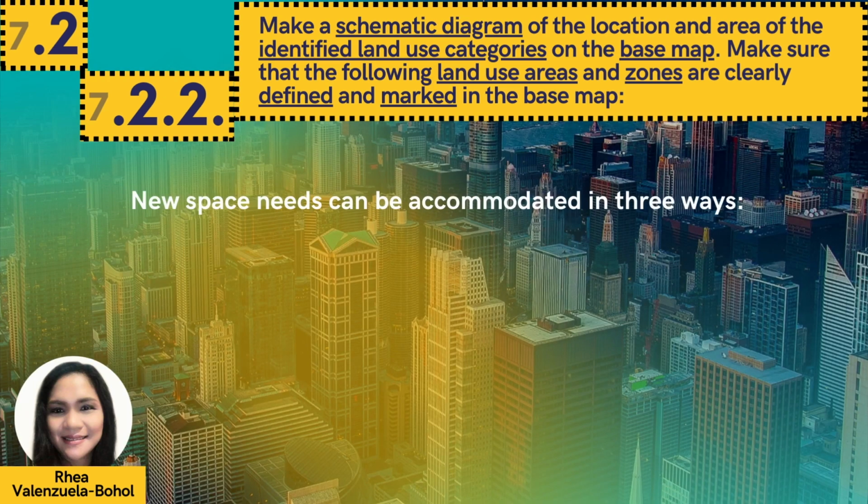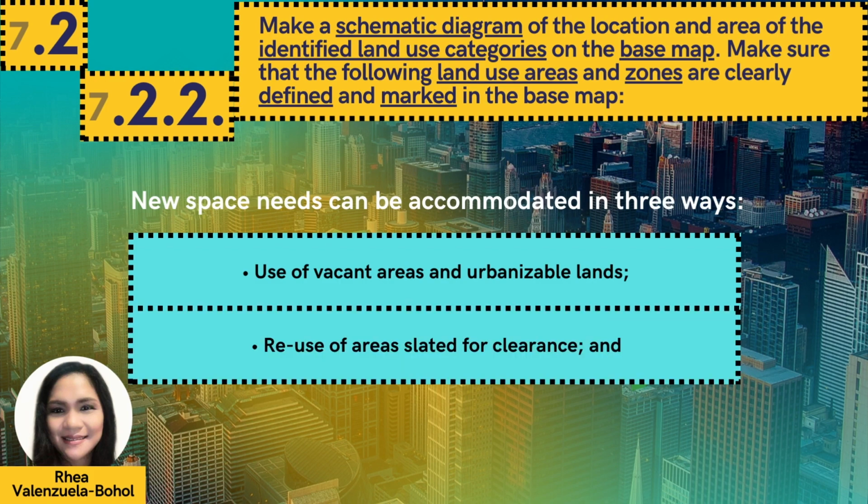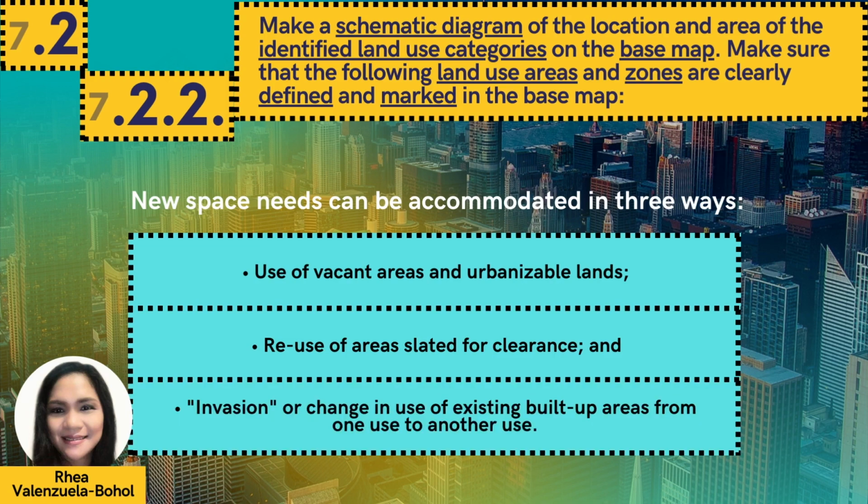New space needs can be accommodated in three ways. First is the use of vacant areas and urbanizable lands. Two is reuse of areas slated for clearance, and the last, invasion or change in use of existing built-up areas from one use to another use.